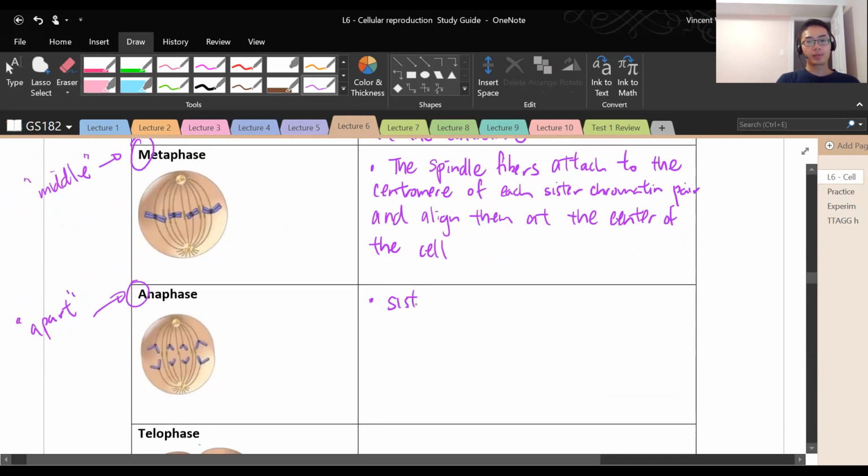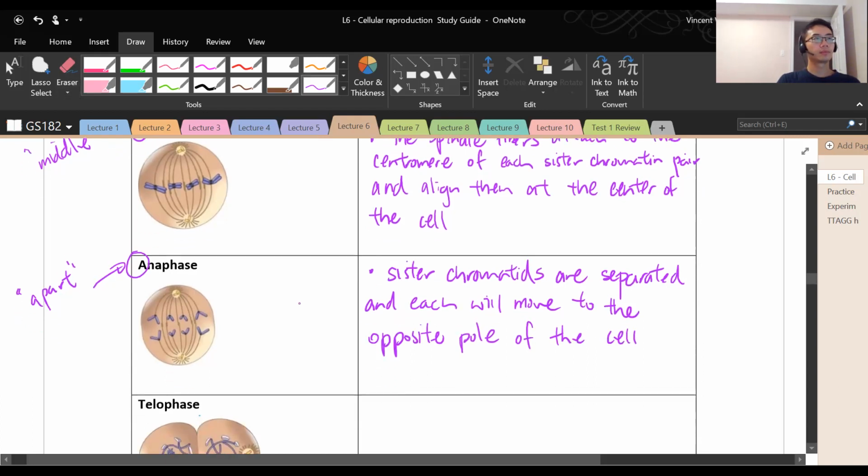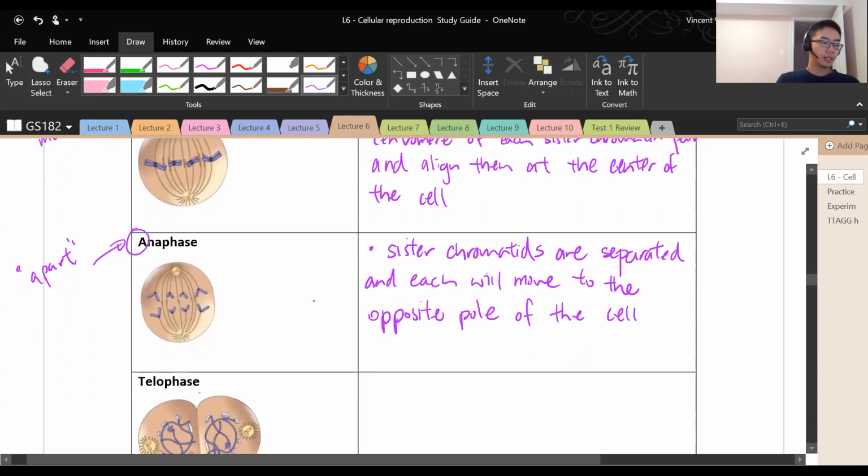The sister chromatids are separated, pulled apart, and each will move to the opposite pole of the cell. Okay, I'll give you a moment to catch up if you need to.